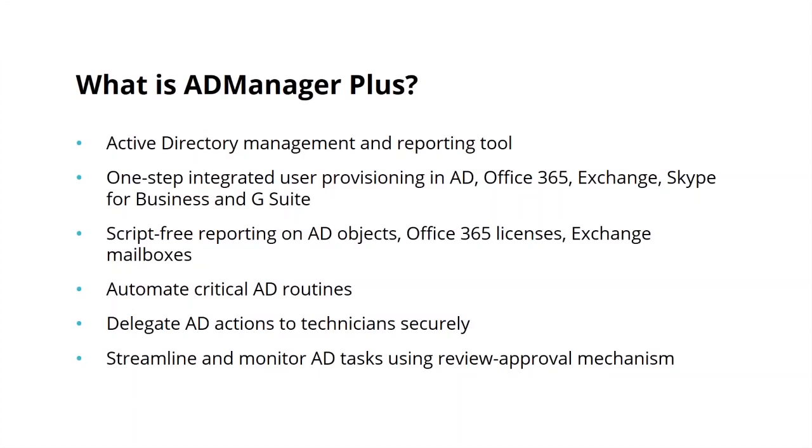We have around 180 predefined reports, a huge report library categorized by type: users, passwords, OUs, groups, and so on. You just hit the generate button for any report, and it fetches the most up-to-date information from AD and displays the result. You can also export the report to PDF, HTML, or CSV format.